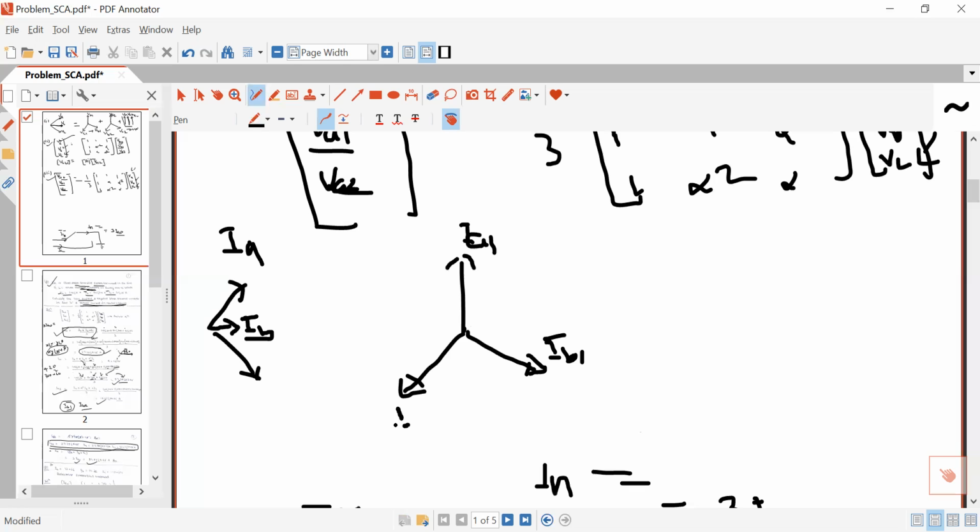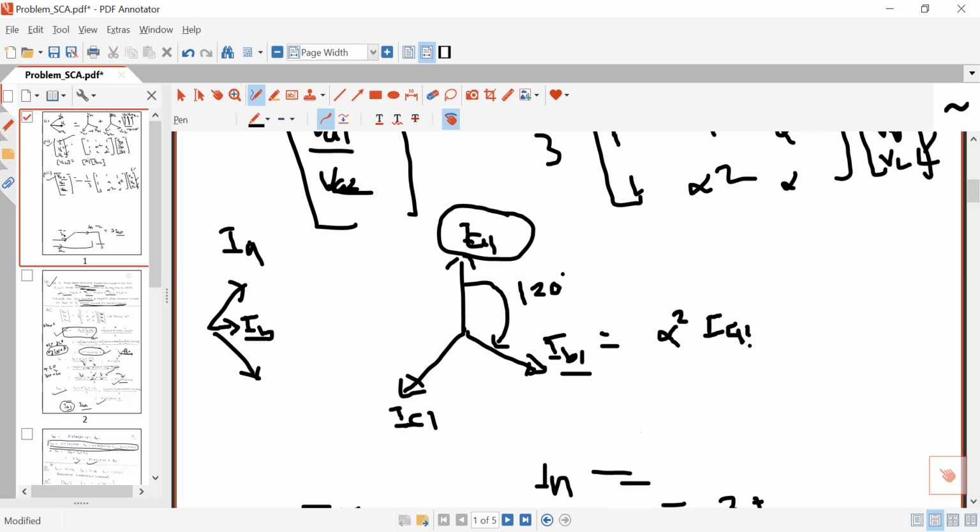Now IA1 is known and the task is to calculate IB1. You have to rotate this vector in clockwise direction by an angle of 120 degrees to get IB1. In the previous lecture, I discussed that when you rotate a vector in clockwise direction, alpha square is multiplied to that vector. So IB1 is simply alpha square times IA1.